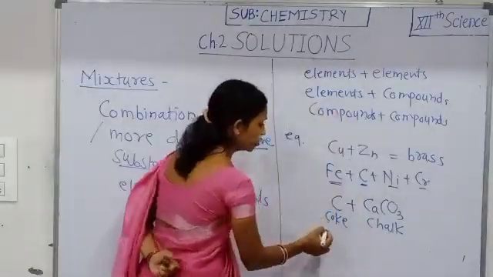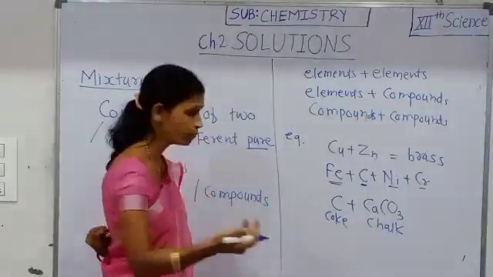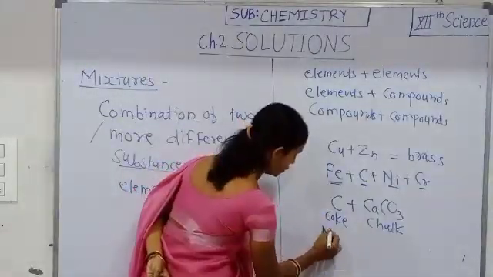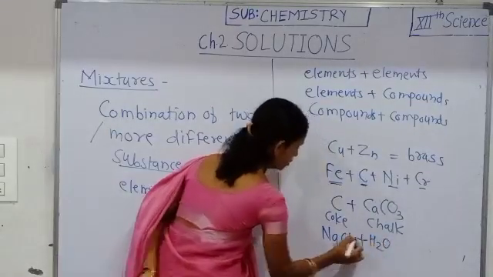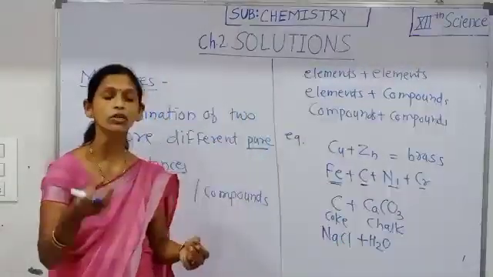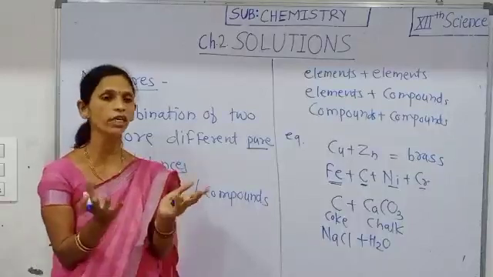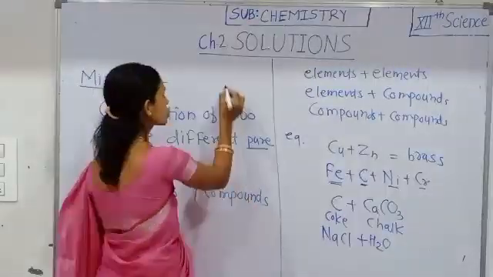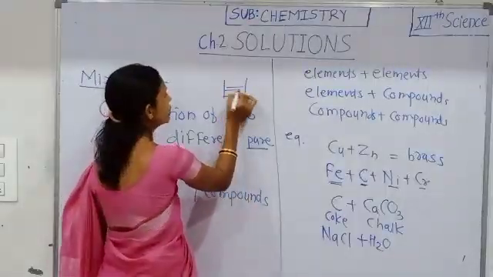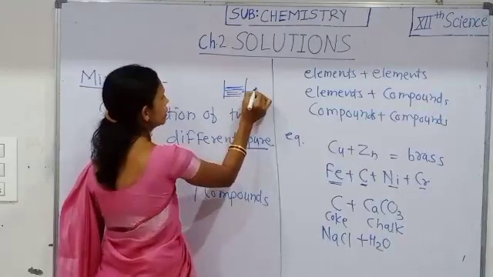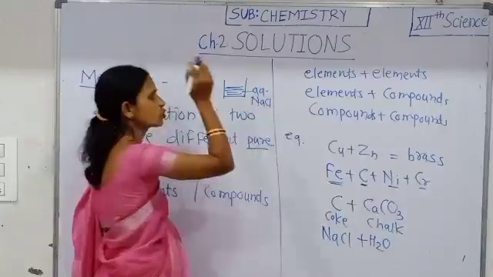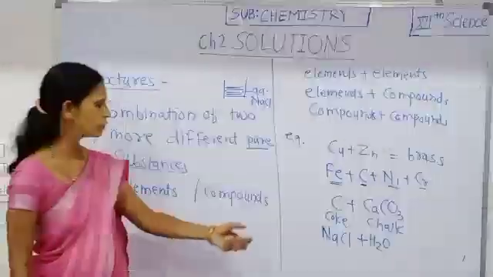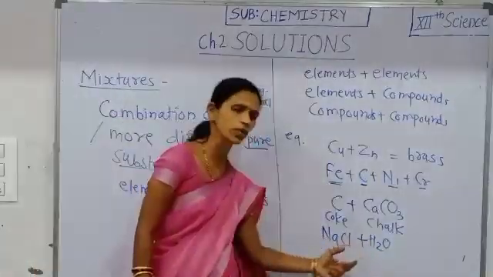As well as that, two or more different compounds can mix into each other, for example NaCl plus water. If we add common salt into water, we get a solution of common salt, an aqueous NaCl solution, which is a mixture of NaCl and water.